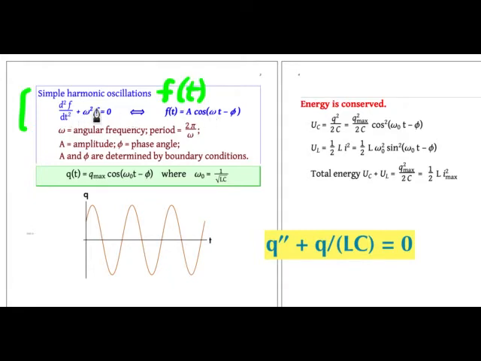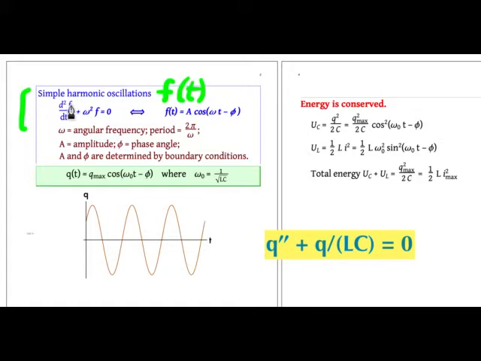And why is that a solution? Because the derivative of cosine omega t is minus sine omega t times omega by the chain rule. And then the derivative of that is minus omega times cosine omega t times omega by the chain rule. It's minus omega squared cosine omega t.